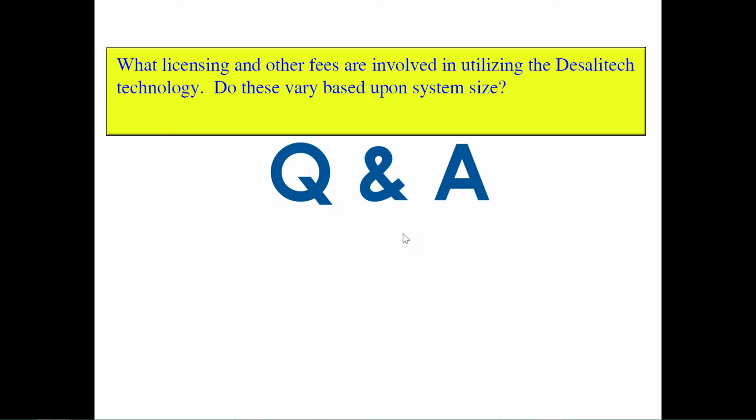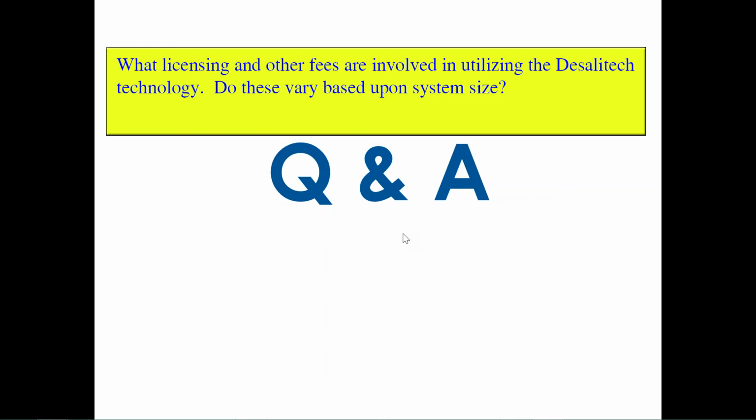So another question here, what licensing and other fees are involved in utilizing Desalitech's technology? And do these vary based on system size? Okay, well, Desalitech mostly is a system integrator and supplier. So we supply complete turnkey RO systems with pre and post treatment as required.